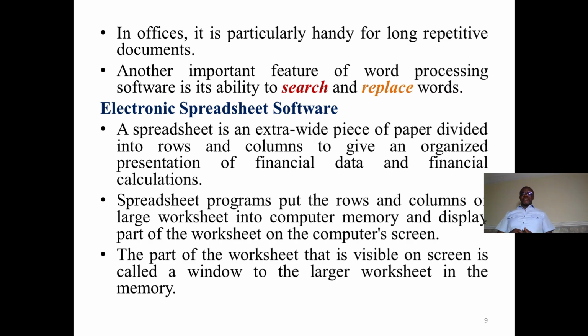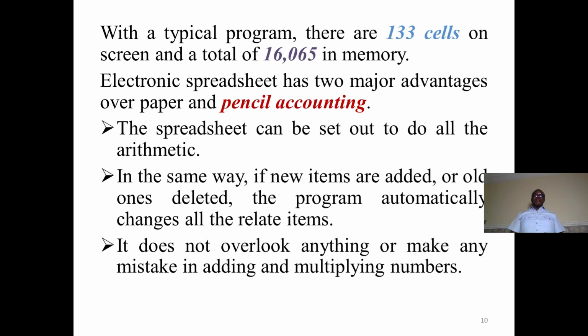The part of the worksheet that is visible on the screen is called a window to the larger worksheet in the memory. With a typical program, there are 133 cells on the screen and a total of 16,065 cells in the memory.